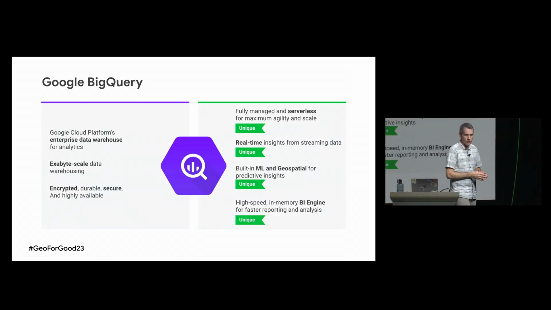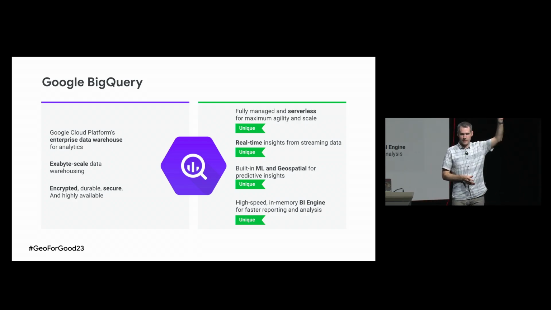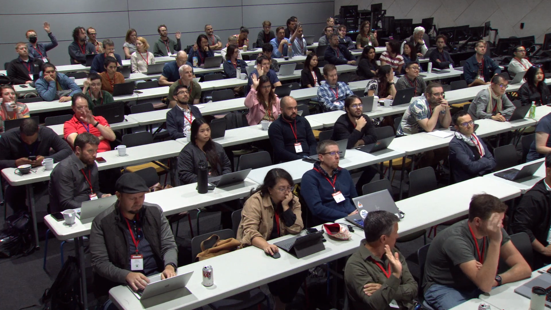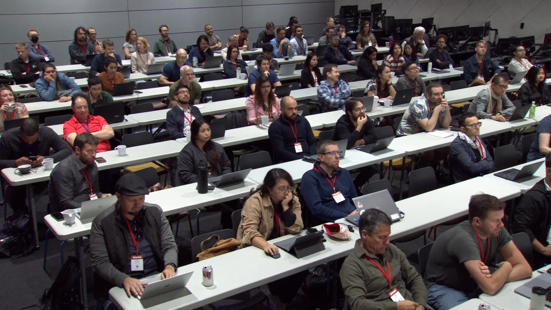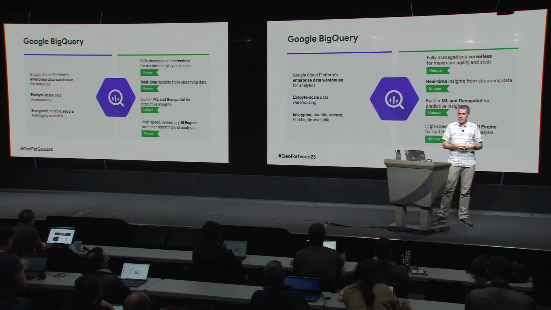Okay, so here is a new one that we're all excited about. Who here has used BigQuery before? Okay, that's a good show of hands. So we have Earth Engine to handle massive amounts of raster data. Satellite images, derived products from satellite images, so on and so forth, gridded data.